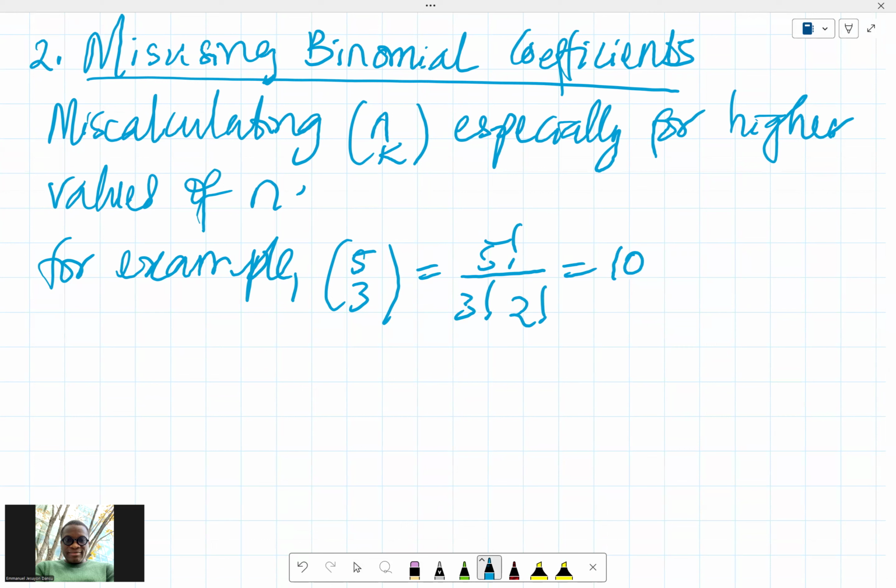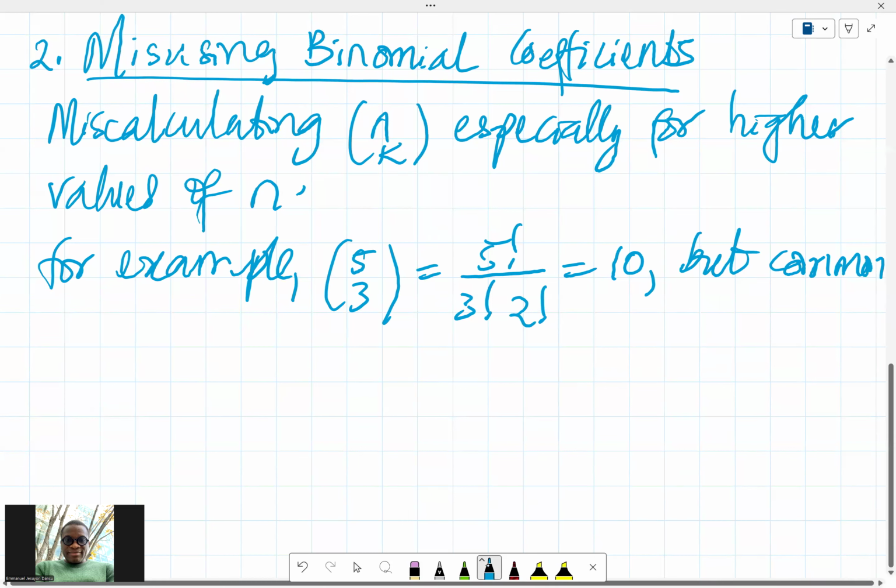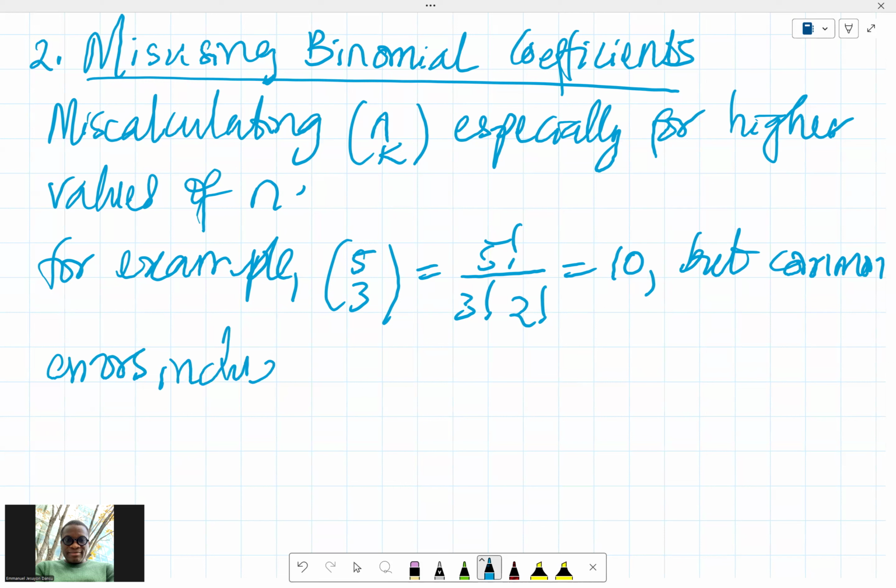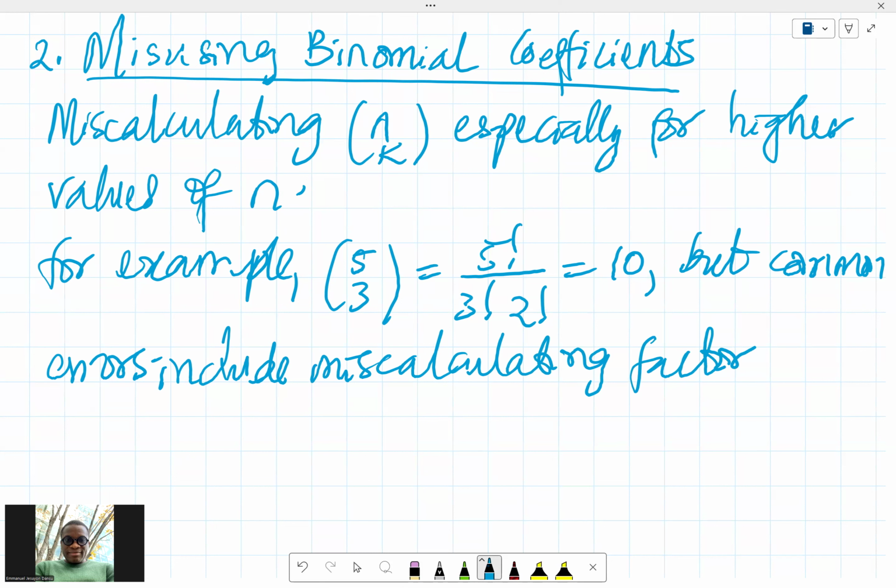All right. But common errors include miscalculating factorials.